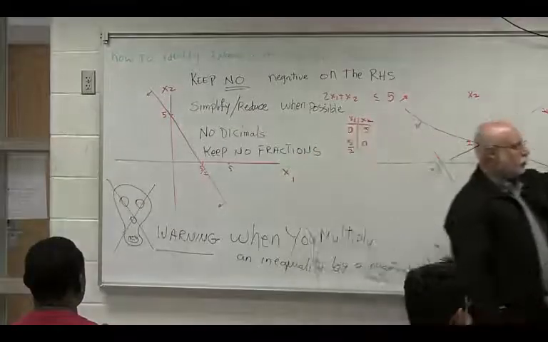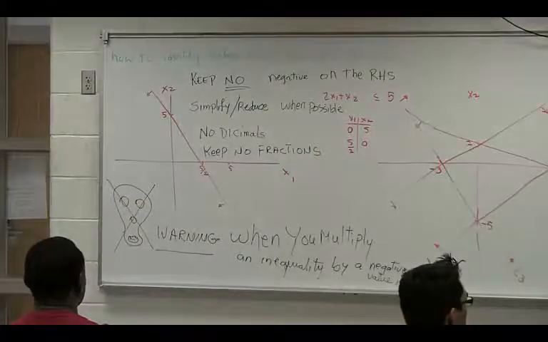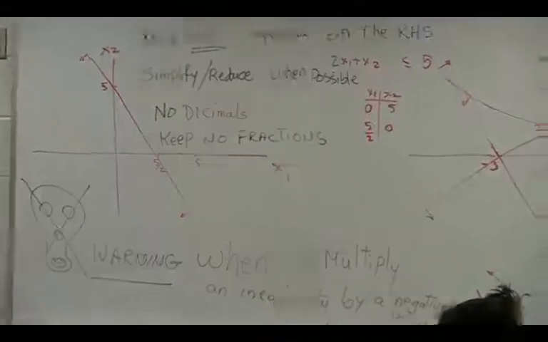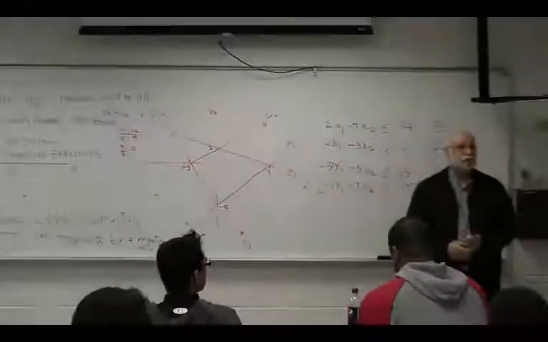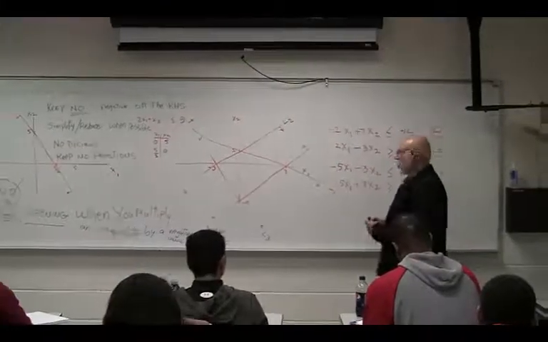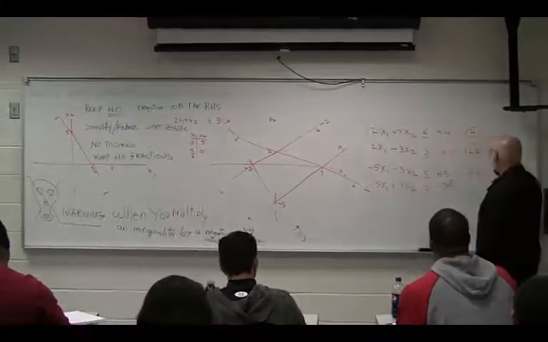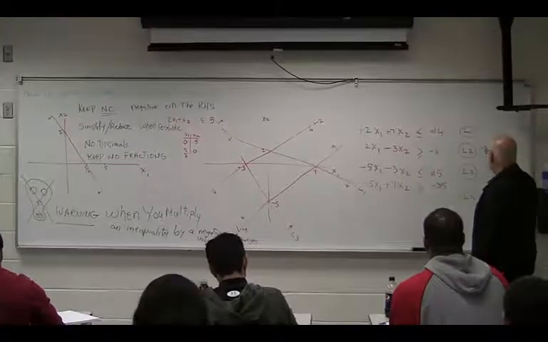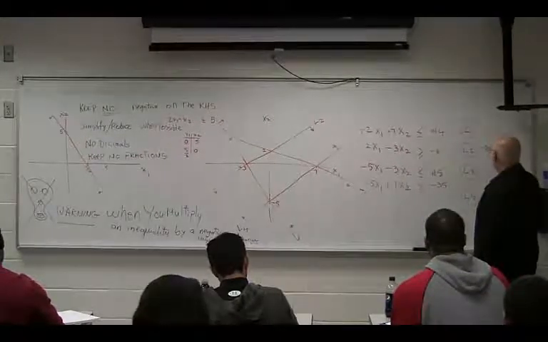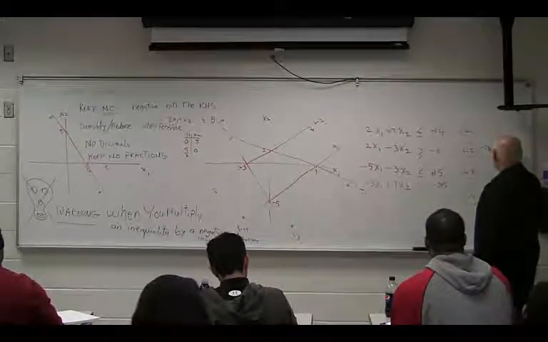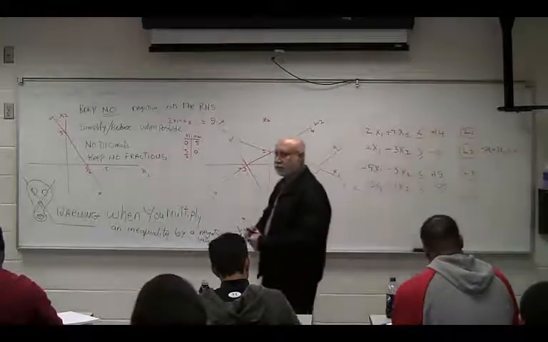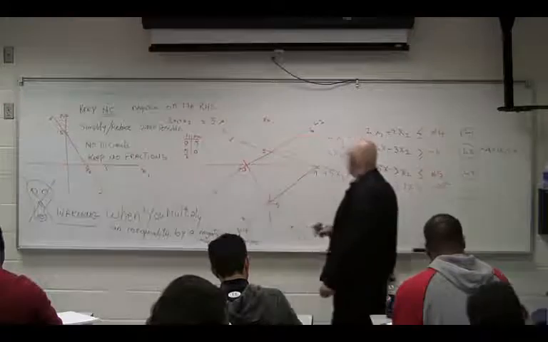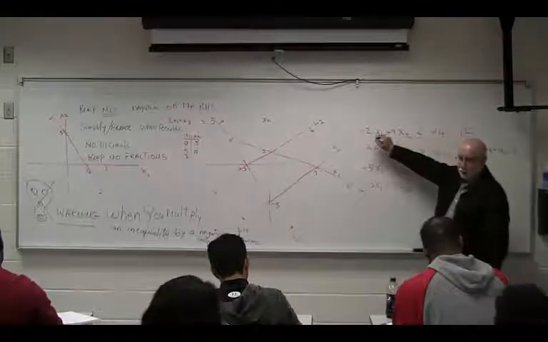what am I supposed to do with these four things that I have? Raise your hand. Yes, ma'am. First one. I have to multiply them by a negative value. So that would be negative 2x1 plus 3x2 less than or equal to 6. This is not what I report.